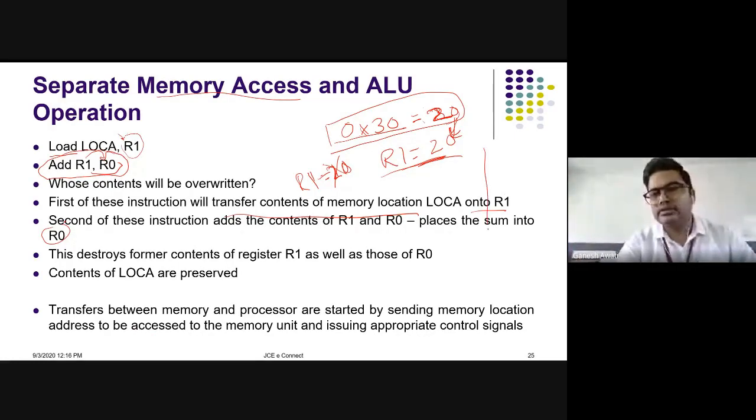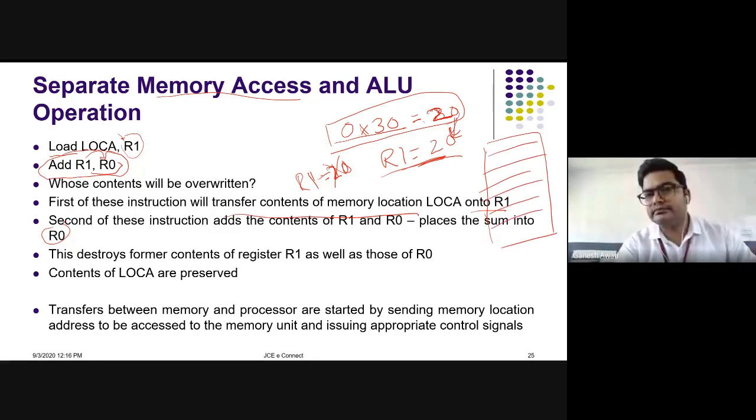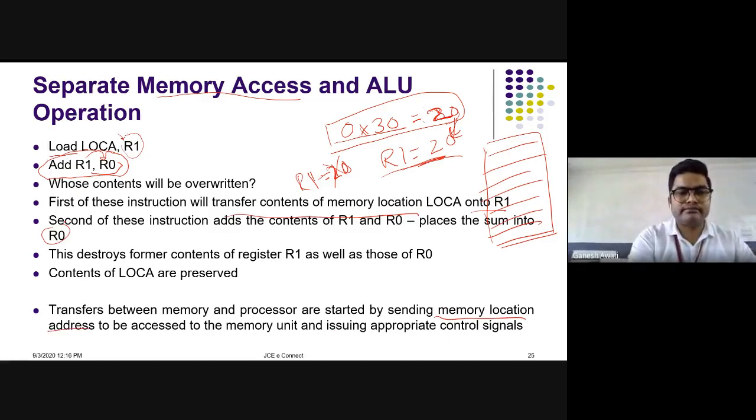You have a memory with so many locations, so from where do you have to access? You first need to tell which memory location you want to access, so that's why the memory location address is issued, and according to that the control signals will be given, and from that memory location you can access.